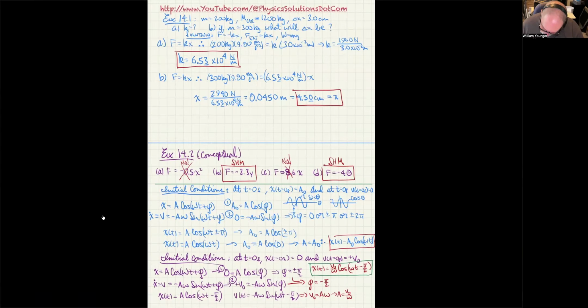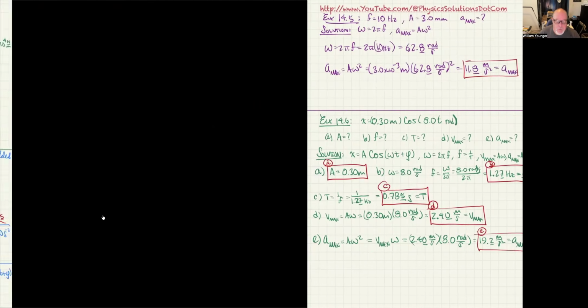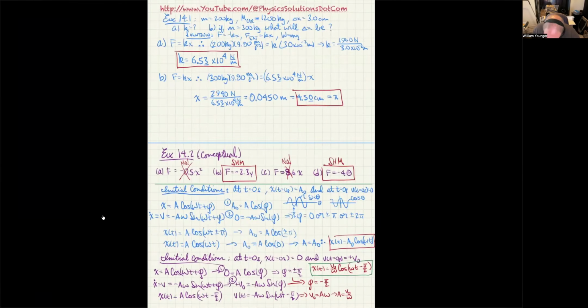At t equals 0, x of t is equal to 0. That's what we said here. At t equals 0, no, x is equal to A is what we're supposed to get. So at t equals 0, x is equal to A. Yeah, that's right. And at t equals 0, v is equal to 0.